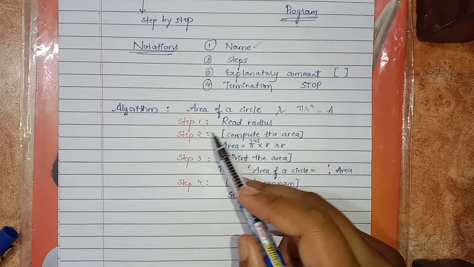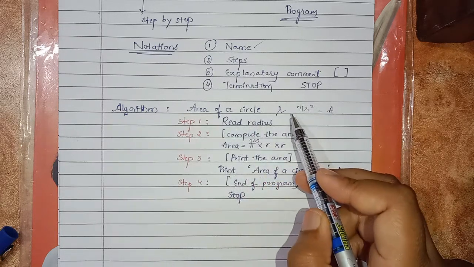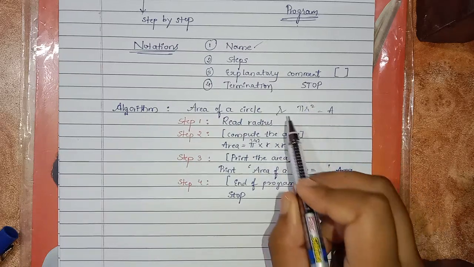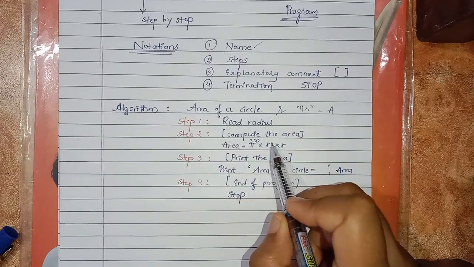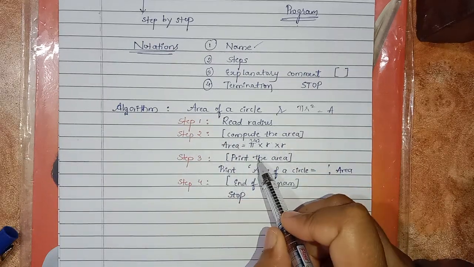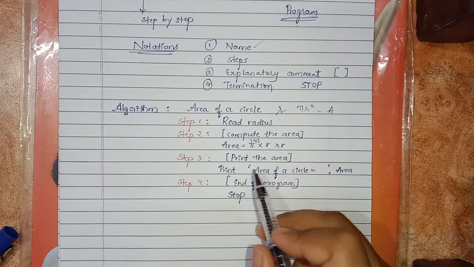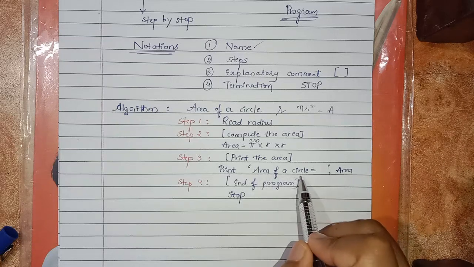Okay, so what is step 1? Read the radius. Whatever the value of r is given, the computer should read that radius first. Second, the computer should compute the area. What is the formula of area? That the computer should compute. Then the computer will give you the answer, area of the circle, like this.